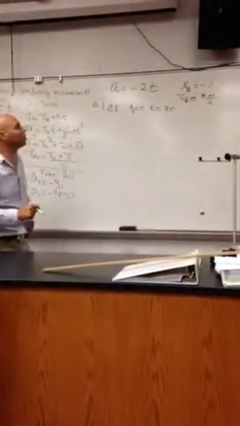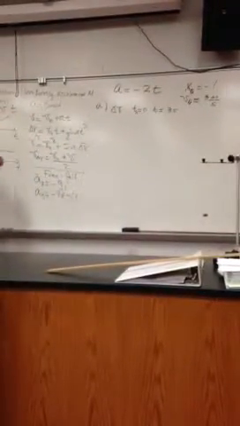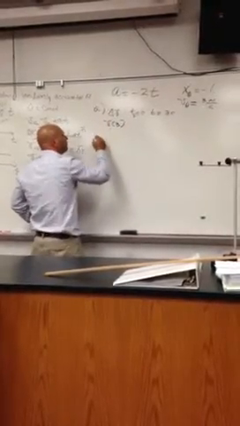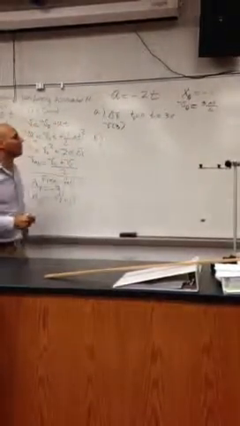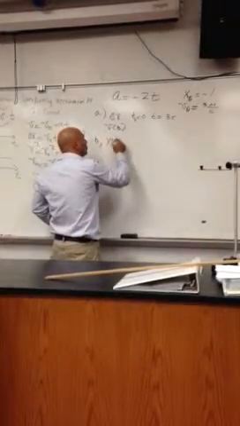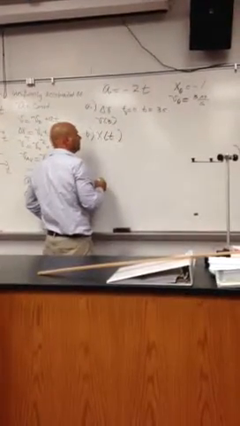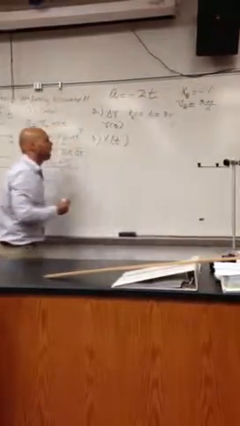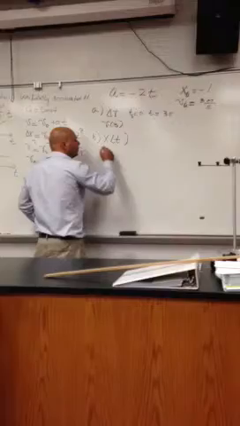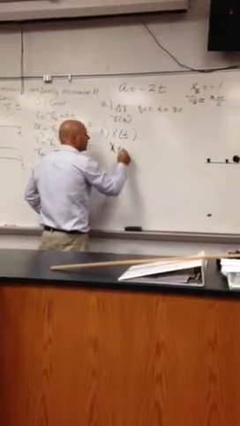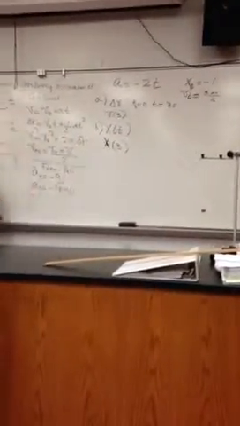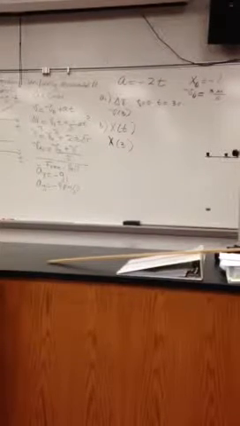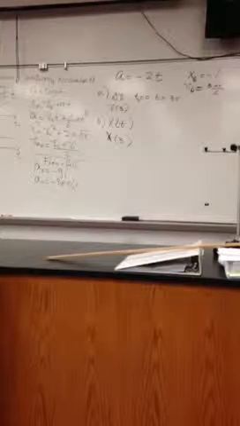So find the change in velocity and find the final velocity at 3 seconds. B, find the position function as a function of time. And find what will be the position at 3 seconds. Same question, but now instead of giving the function of the position, I'm giving the function of the acceleration.